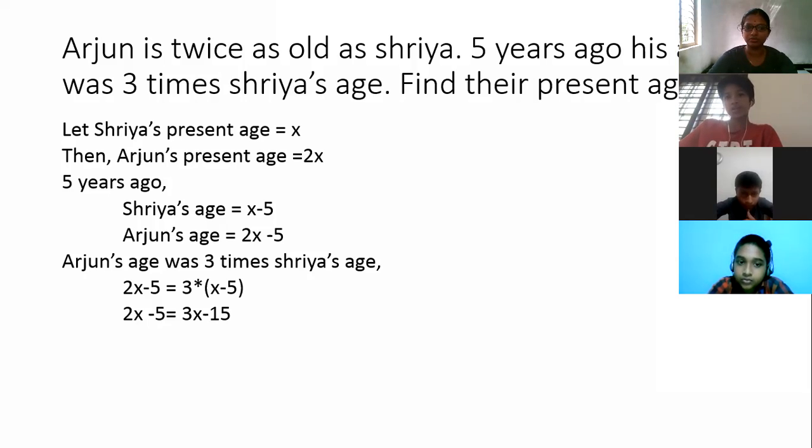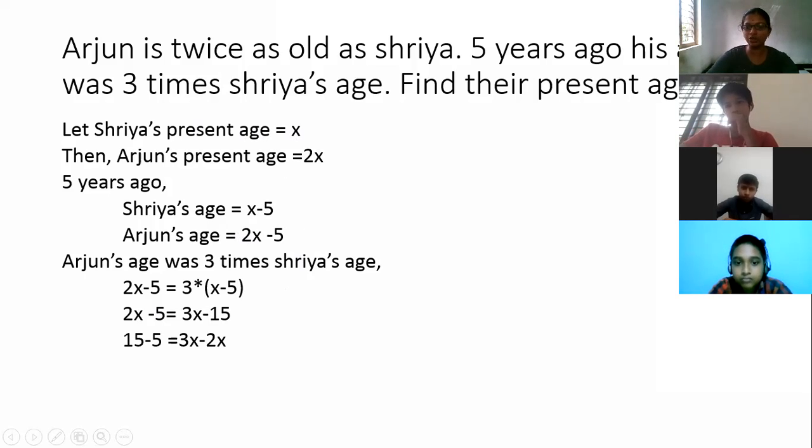That's not 2 into minus 5, it is 2x minus 5, okay? Be careful. We have chosen Shreya's present age as x. Okay. It is 3 into x minus 5. First we have to move either 2x or 3x. First we have to move 2x to the RHS.